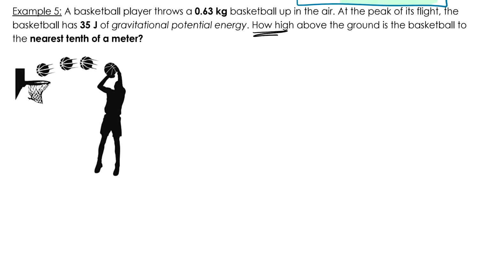So let's list the things that we know. The mass of the basketball is 0.63 kilograms. At the peak of its flight, it has 35 joules of GPE. So EP equals 35 joules. How high above the ground is the basketball?